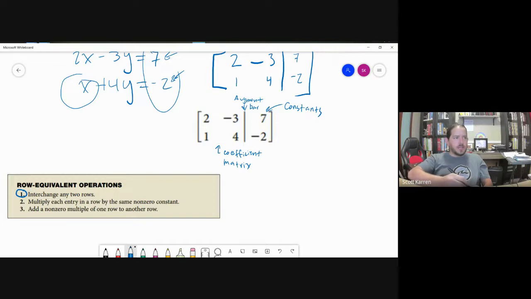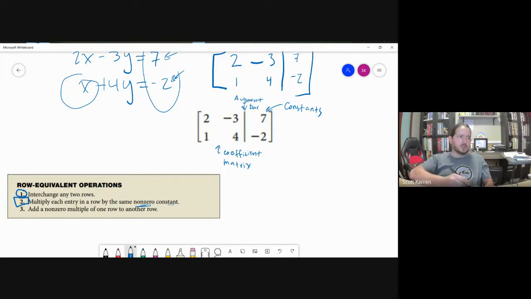You can multiply any row by a non-zero constant. That's like multiplying the left hand of the equation by, say, 5, and multiplying the right hand by 5 as well. You're just multiplying the entire row of the matrix by 5, in that instance.